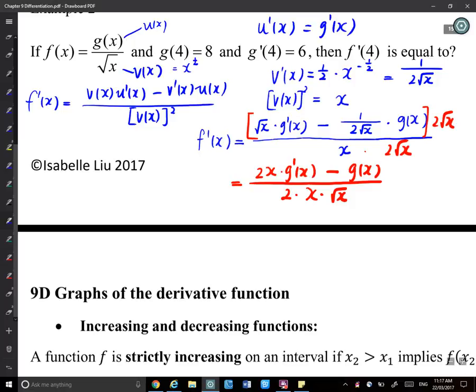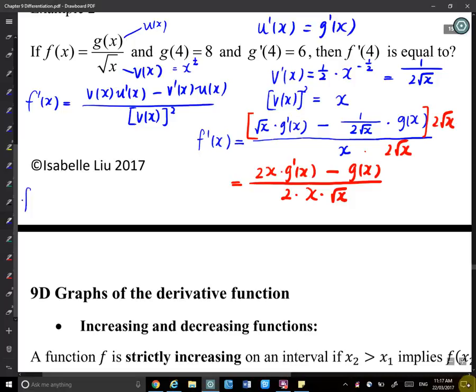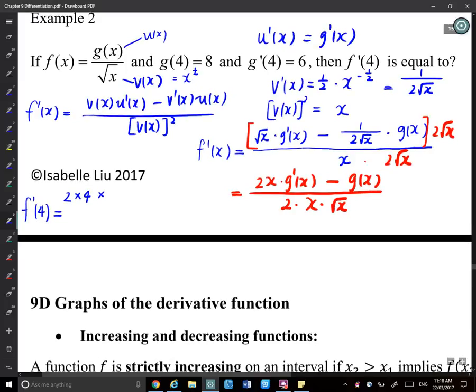So what is f dash 4? F dash 4 is 2 times 4 times, what is g dash 4? G dash 4 is 6, so it's 2 times 4 times 6 minus g4. What is g4?